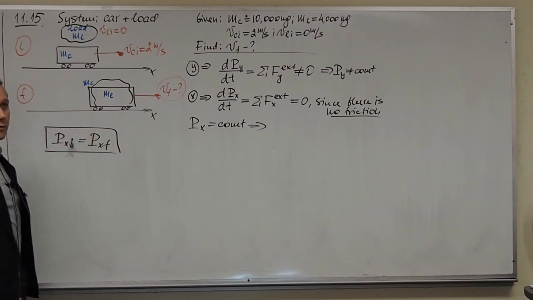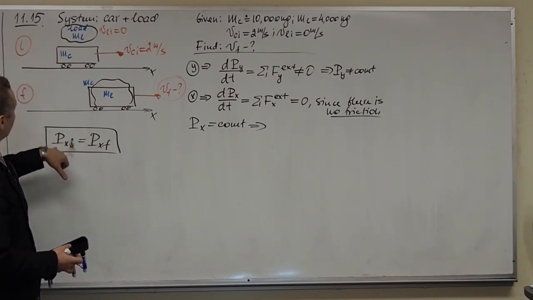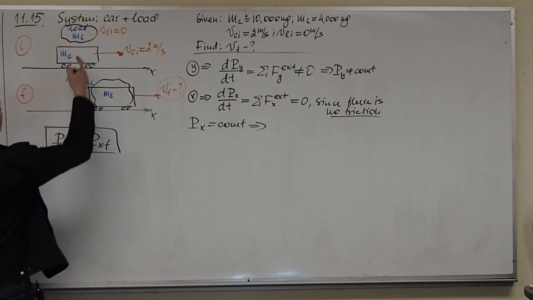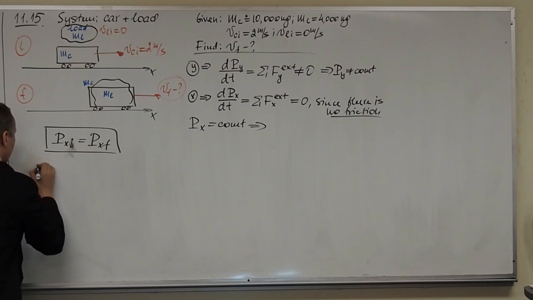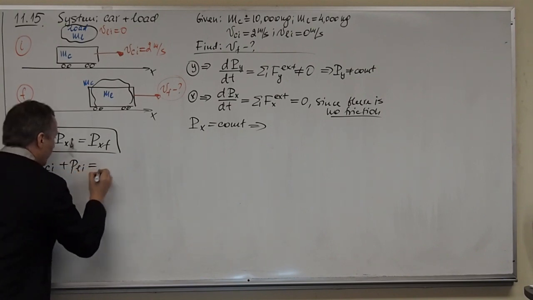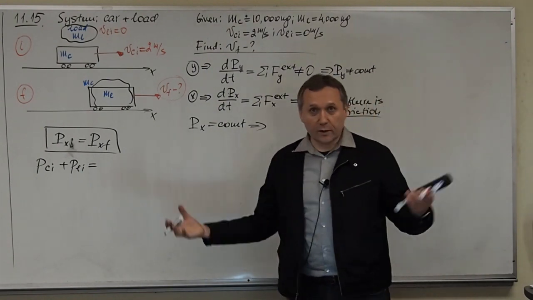So now let's write down explicitly the total linear momentum at the initial and final moments of time. Of course, it consists of the linear momentum of the car, P car initial, plus P load initial. That's the total linear momentum before the collision.